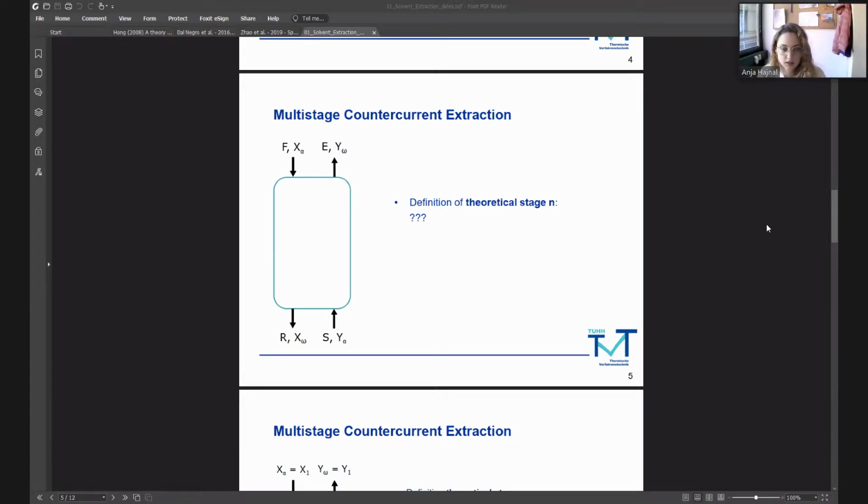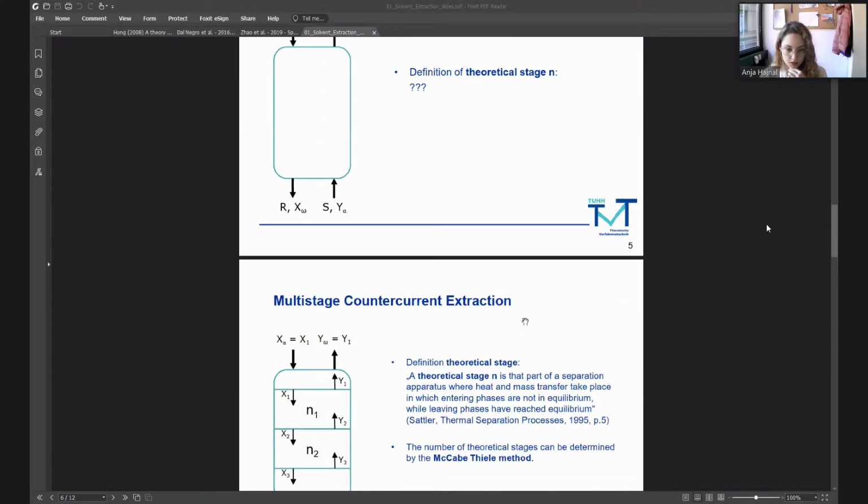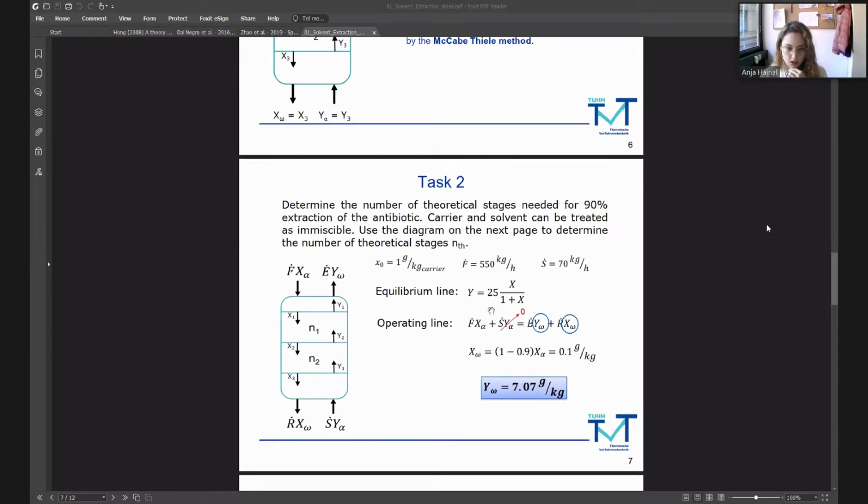Yes, but be careful here. In our exercise, it is stated clearly in the task that your feed material is not miscible with your solvent, and also you can see that it is quite a diluted system. You have only a few grams of the component per kilogram of the carrier.